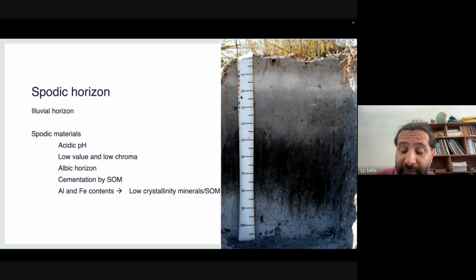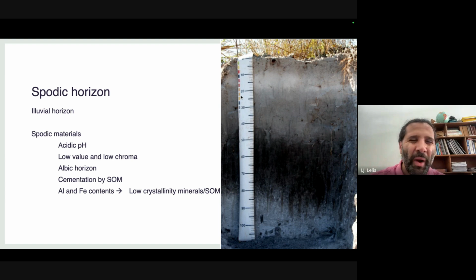And as I said, this is quite common in soils that register a sandy texture, but also it's common in soils that register some kind of vegetation cover with some litter that is more difficult to decompose.